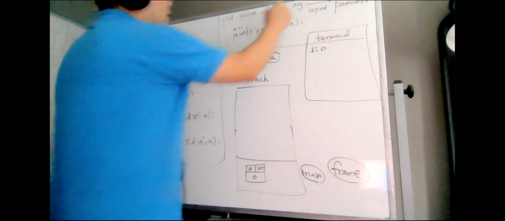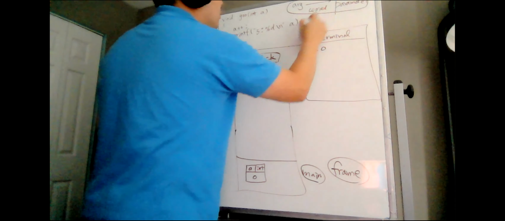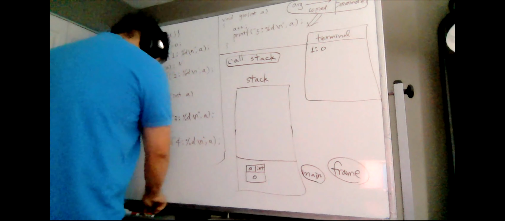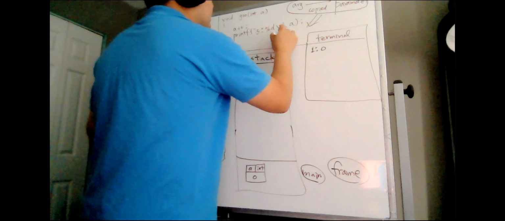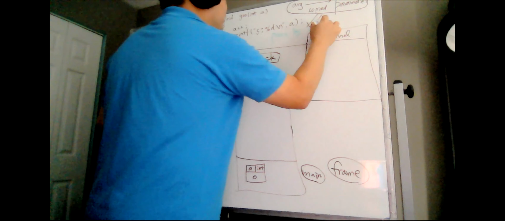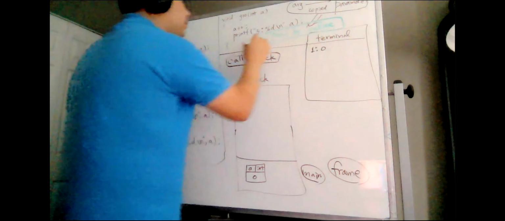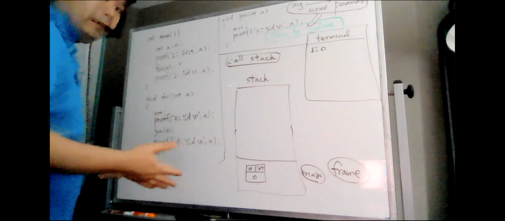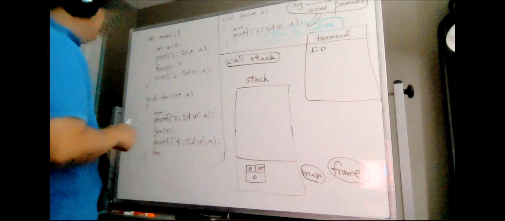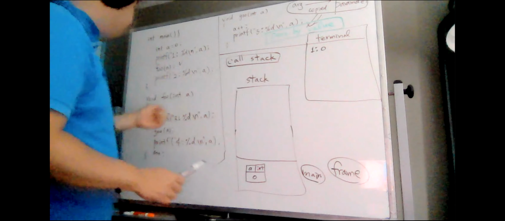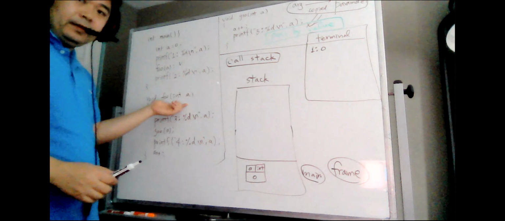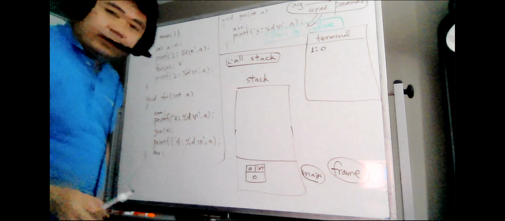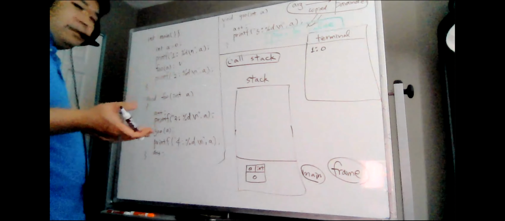We call this phenomenon pass by value. When a function is called, the argument is copied into the parameter. What am I saying? The argument and the parameter are different. The question is, where is this parameter?